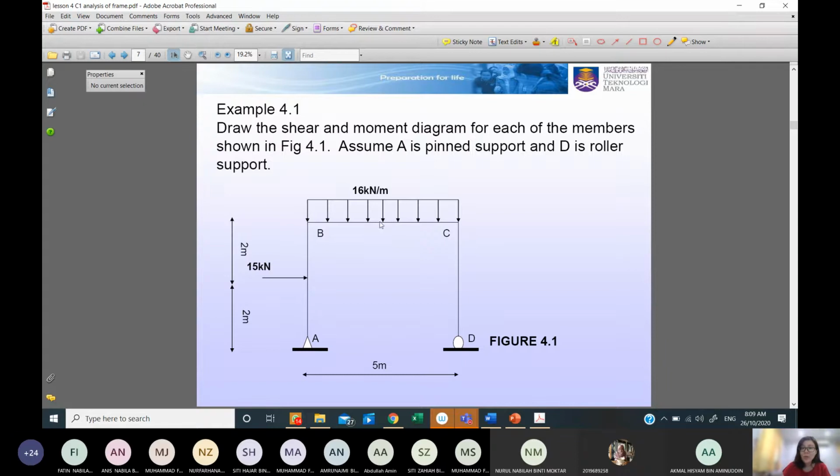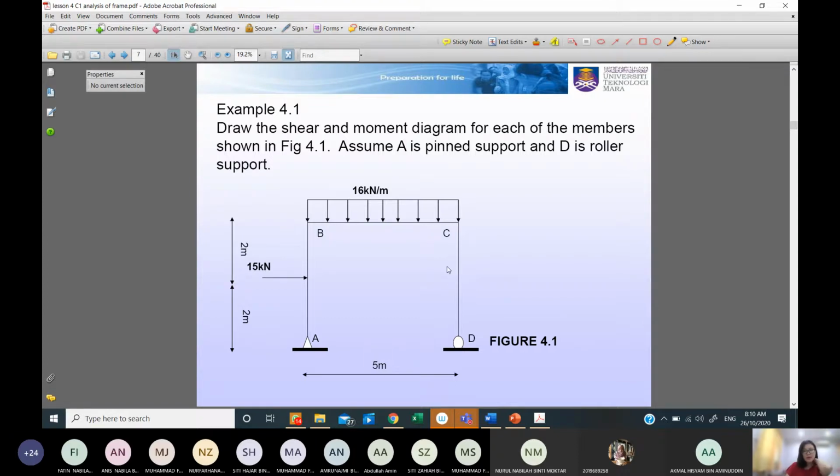Therefore, you only need to cut once for these types of loading. So at BC, we cut only once. And at CD, we cut once because this is another new member, and the internal forces will definitely be different from the other members, because of this arrangement as well.